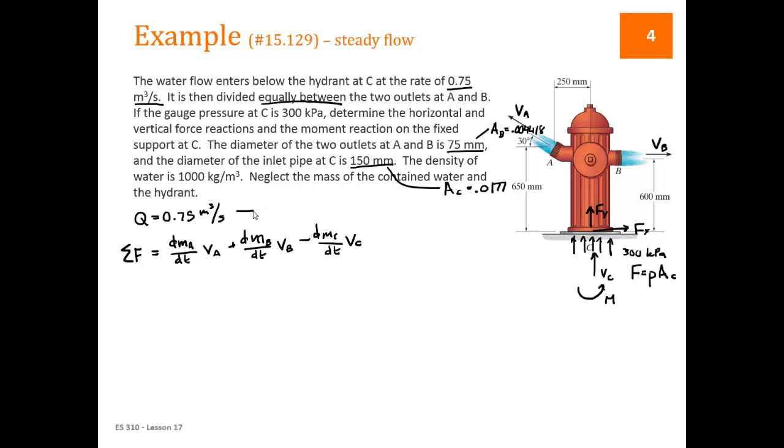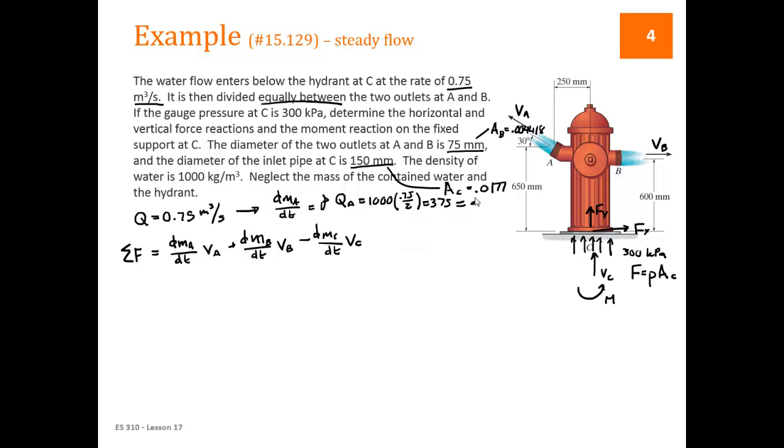Based on the equation from the previous slide, dmA/dt is going to equal rho times QA, and QA is half of 0.75 because it was divided equally. So density is given as 1,000, times 0.75 divided by 2, so dmA/dt is going to be equal to 375. dmB/dt is also equal to that because it was split equally.